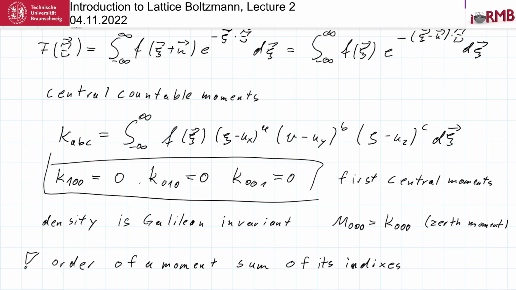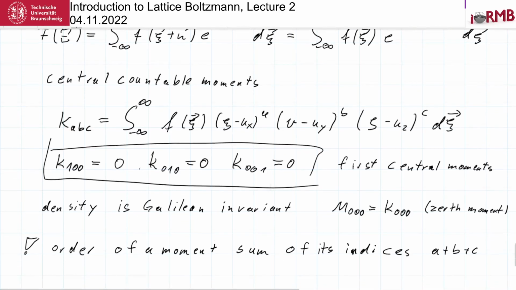Well, I don't know whether I should write, okay, I should write indices. There's indices and indexes, I don't know what is the proper word. So the sum of the indices is A plus B plus Z. So this is what we call their order, right?